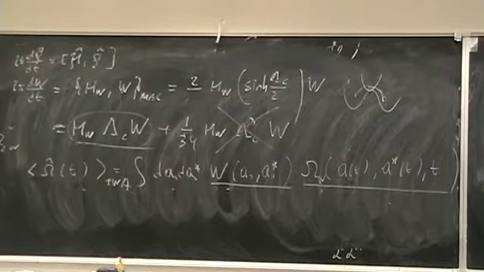Just to be specific, let me imagine that we want to compute A dagger of T1, A of T2 within the same approach. And first, let me imagine that T1 is less than T2.